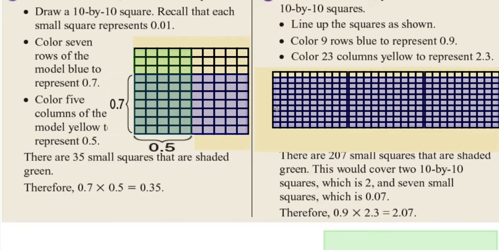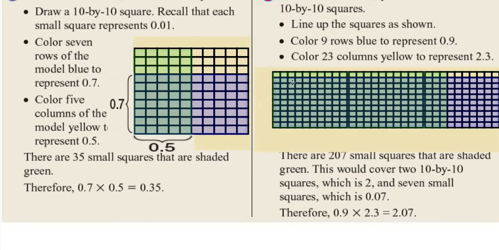1, 2, 3, 4, 5, 6, 7, 8, 9 out of 10. Color 23 columns green to represent 2.3. So 1, 2, and 3 tenths, that's 2.3.